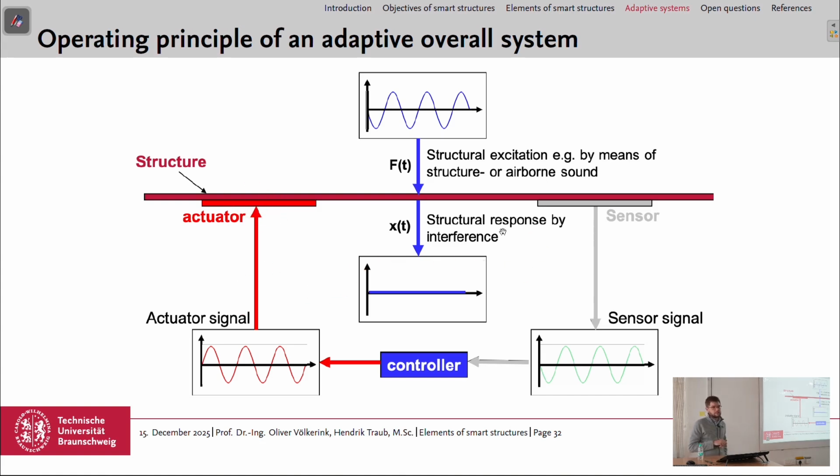And the result is a structural response which is without the structural excitation. So you, for example, control a vibration in this case.